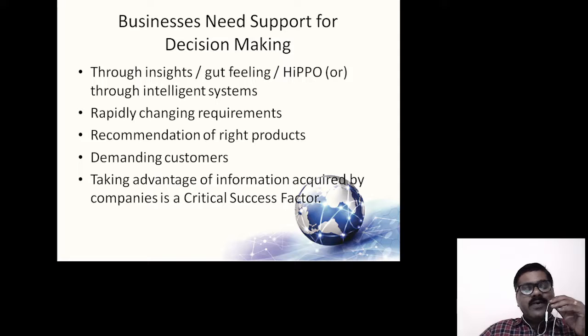And the requirement of the customers, or the recommendation of giving the right product to the customer, involves a lot of intelligence, which normally cannot be done by a human brain, because the data involved is very large. And often we find demanding customers.